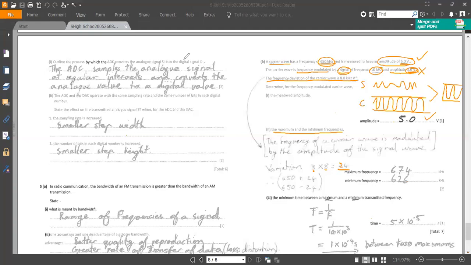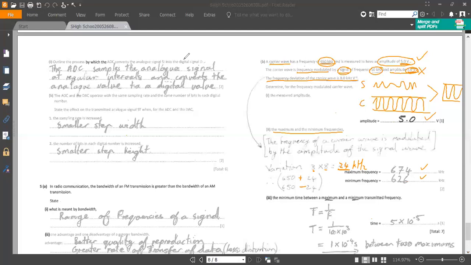So that is actually 24 kilohertz. What does that mean, deviation? Well, it's plus minus 24. My frequency of my carrier wave is the 650. It's plus that or minus that, and that's why I get my 674 and 626. That's how it's manipulated.